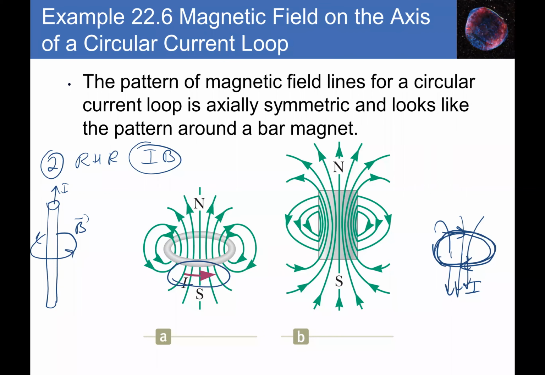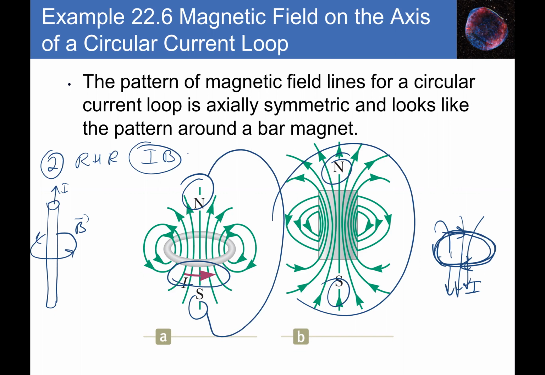Again, this is very consistent with the bar magnet. You can see the way the field is generated is very consistent with that as well. This becomes north, this becomes south, just like here. From north it goes into south, but through the loop, just like inside the magnet it goes from south to north, because it has to go around.